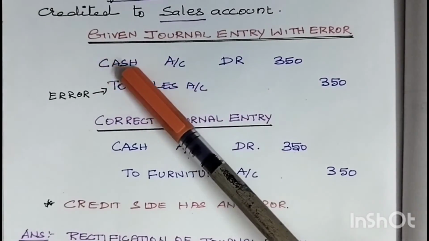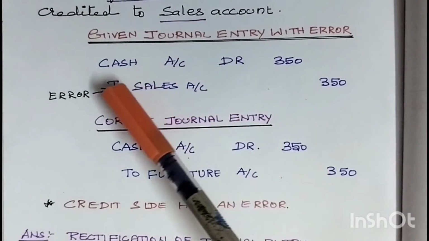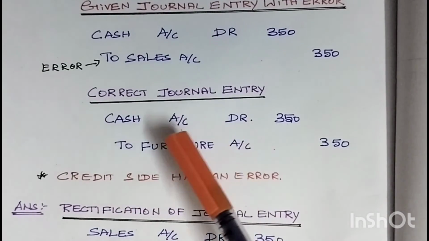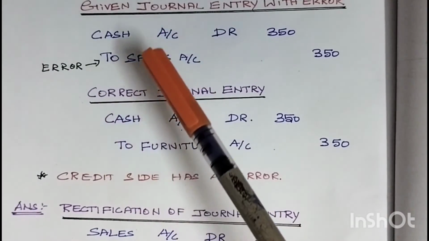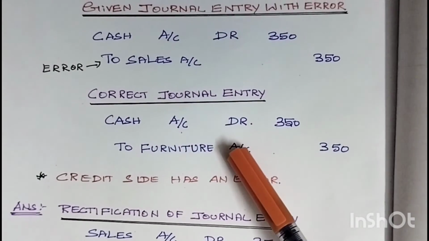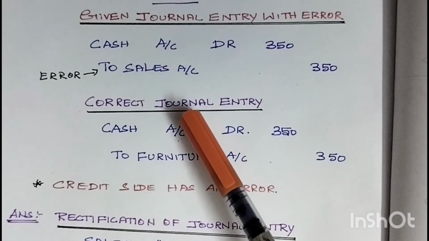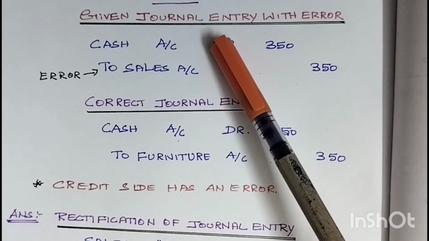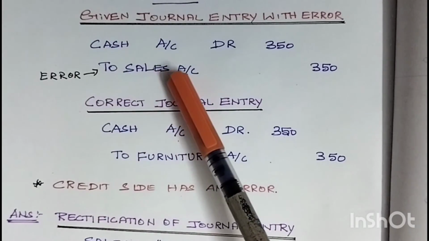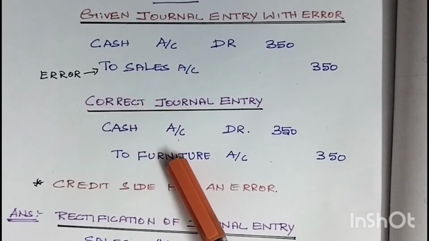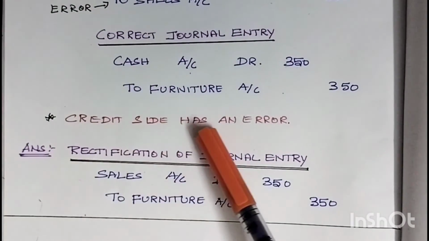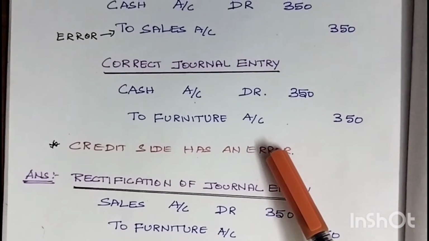First we take the debit side. On the debit side we have cash account debit in both journal entries. So on the debit side we don't have the error. Let's take the credit side. The error is the sales account. Instead of furniture, they entered the sales account. Which side has the error? The credit side has the error. Now we have found the error.